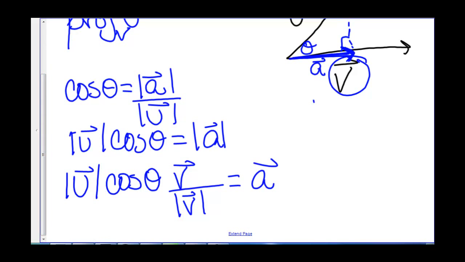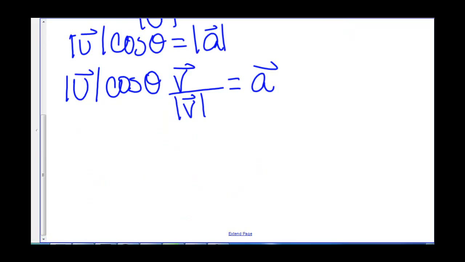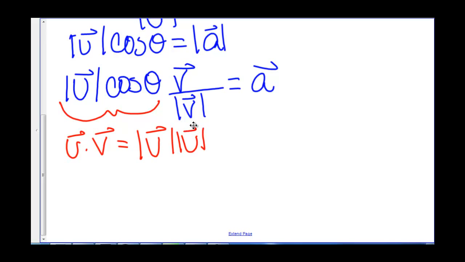We also know that the length of u times cosine of theta, we know that u dot v equals the length of v times the length of u times cosine of theta.